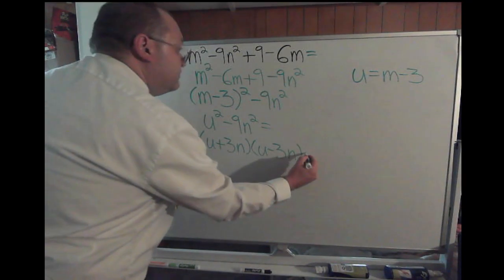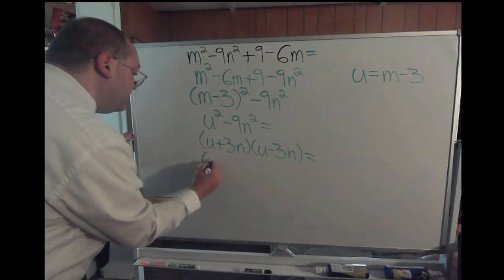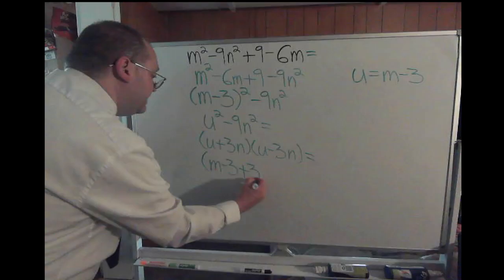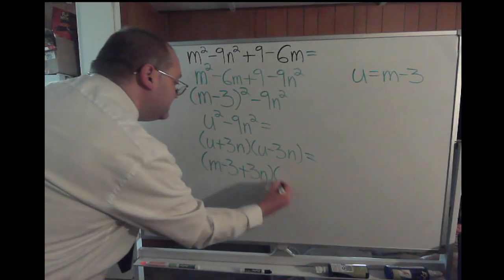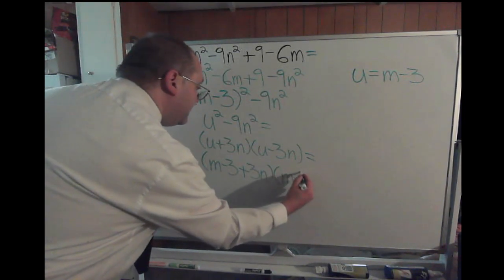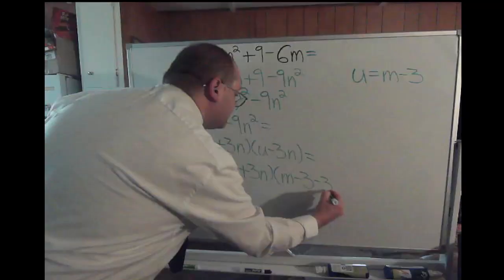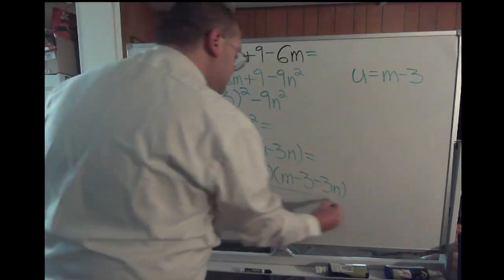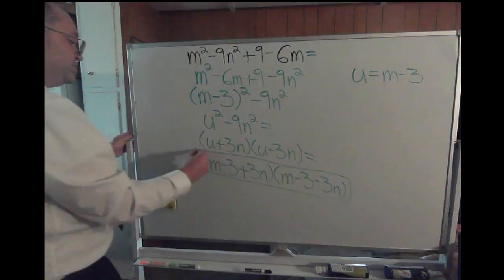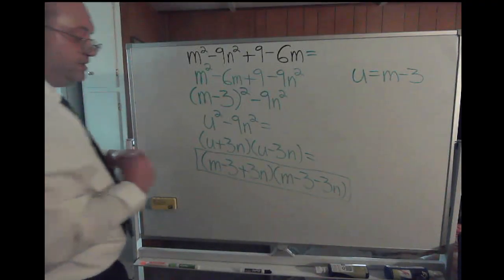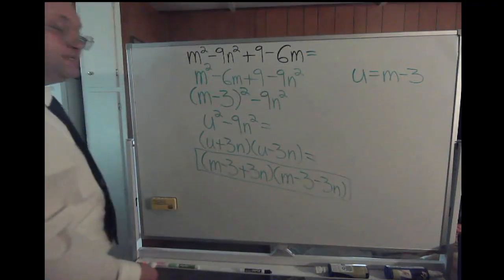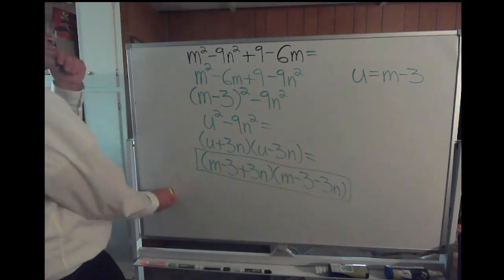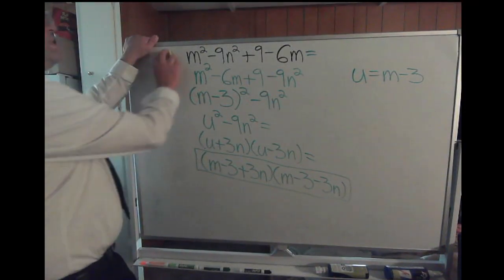And put the value of u back in, you would get m minus 3 plus 3n, that quantity times m minus 3 minus 3n. So the factorization for this should be m minus 3 plus 3n, that quantity times m minus 3 minus 3n.